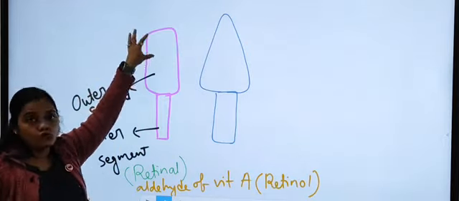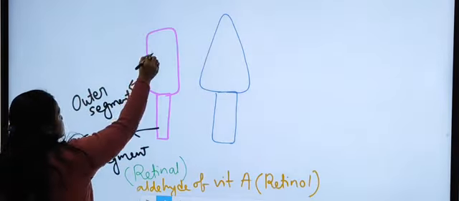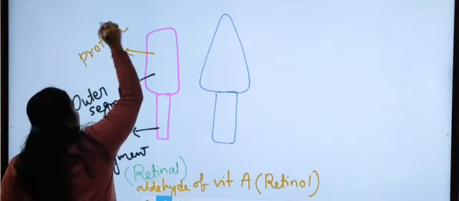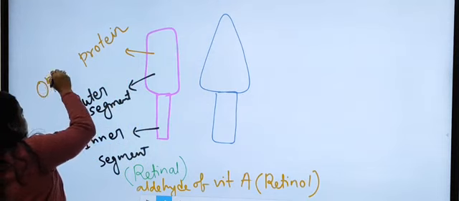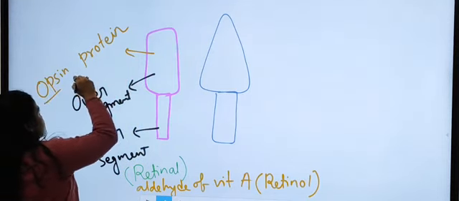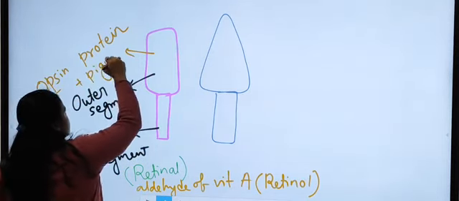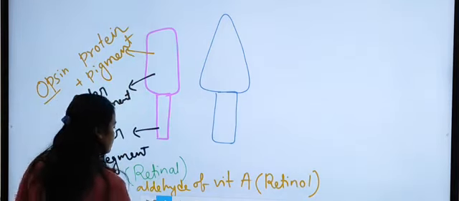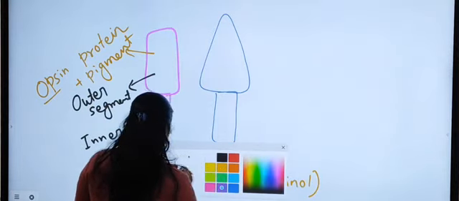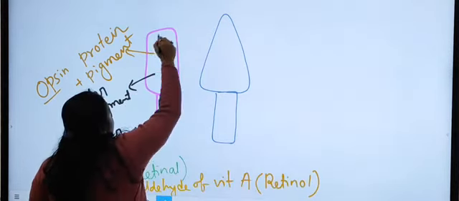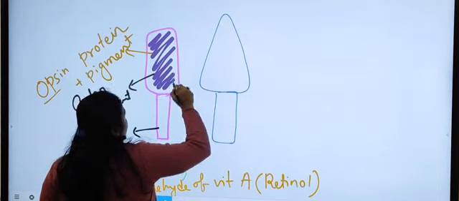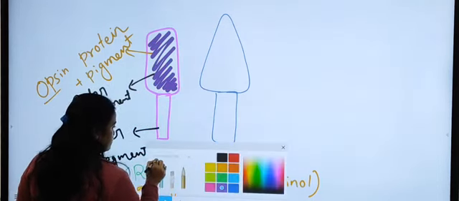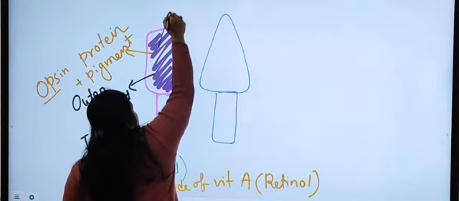And the outer segment contains one protein, that is opsin protein, plus pigment. In case of rod, the name of the pigment is rhodopsin.